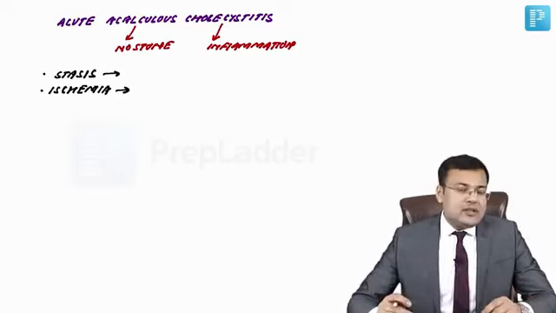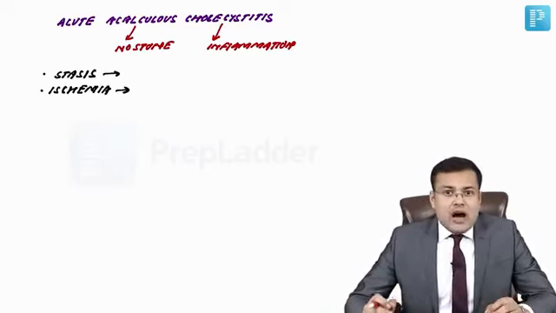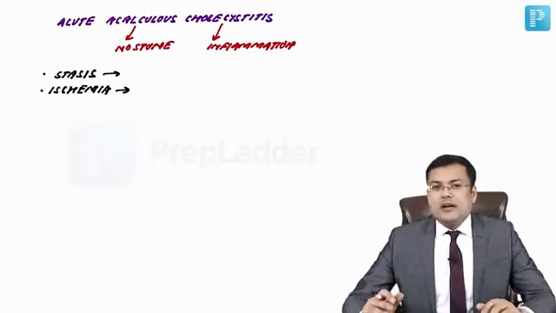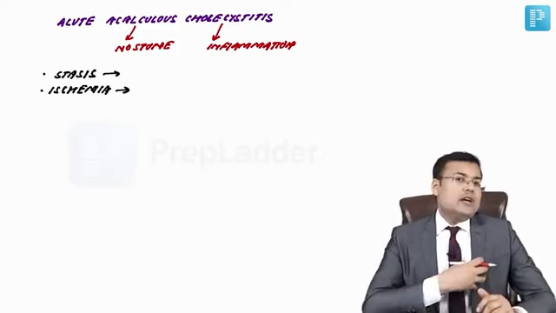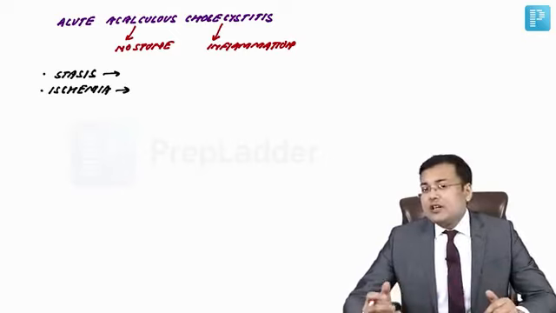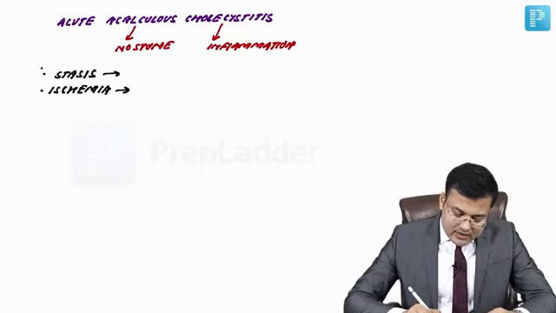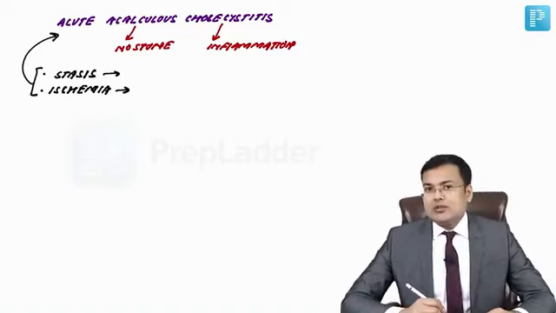Massive blood loss can be seen in long duration surgery like CABG, coronary artery bypass grafting, or aneurysm repair, and massive fluid loss occurs in massive burns. So stasis and ischemia are the two factors which can cause acute acalculous cholecystitis.